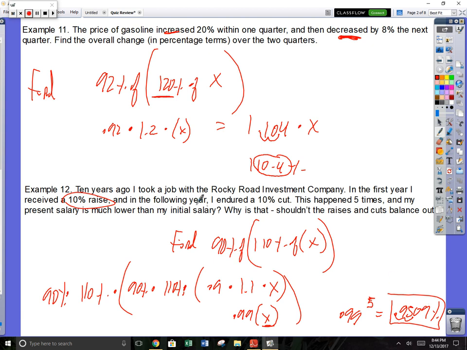So a 10% raise is nice, but then you're getting a 10% cut, not off of your original salary, but off of the raise included, which is more money off. So if they keep doing that, that's bad for you. You're going to end up losing money.